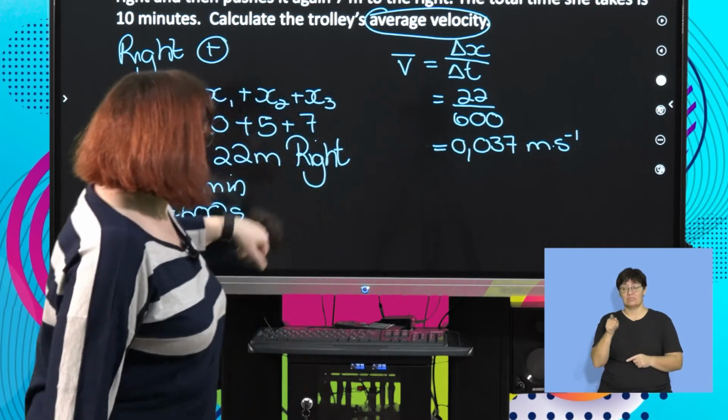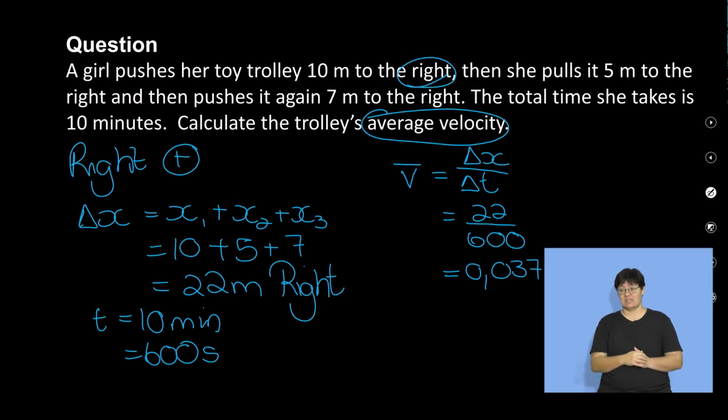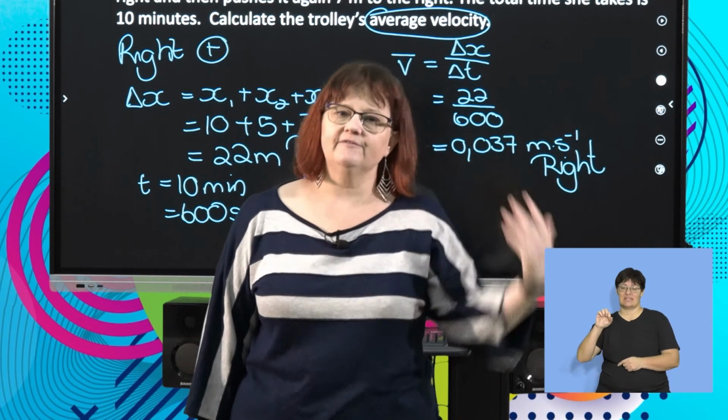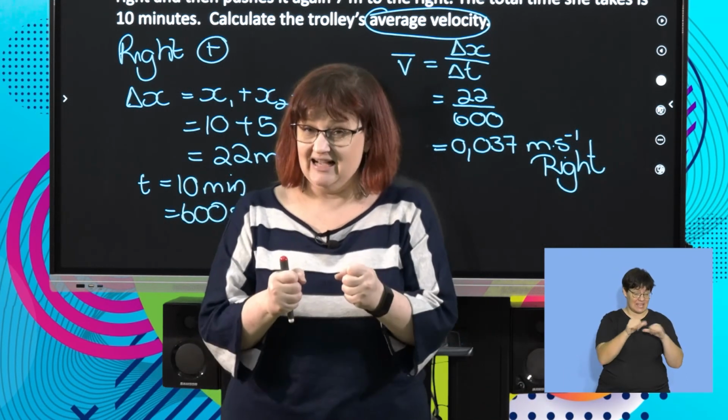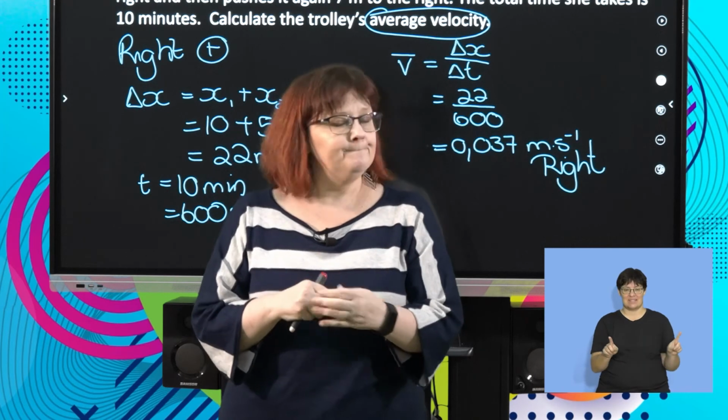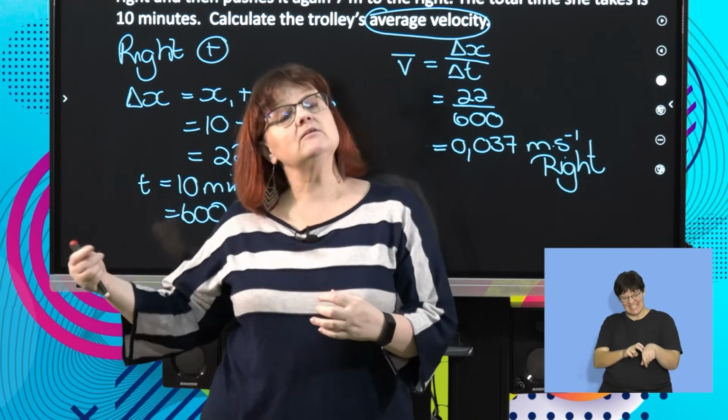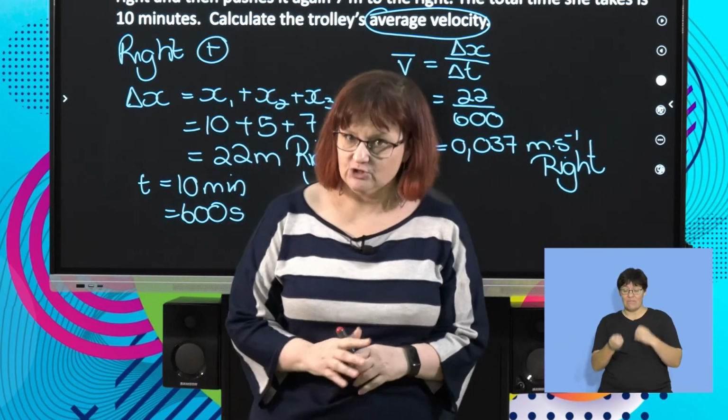Her displacement was to the right, so her average velocity is to the right as well. Speed is a scalar, velocity is a vector. They can have the same magnitude, size, okay, but velocity is incorrect if I don't have a direction.